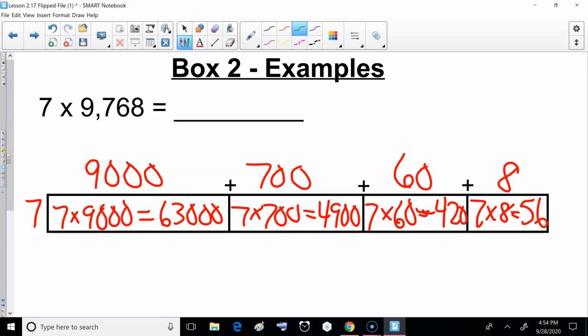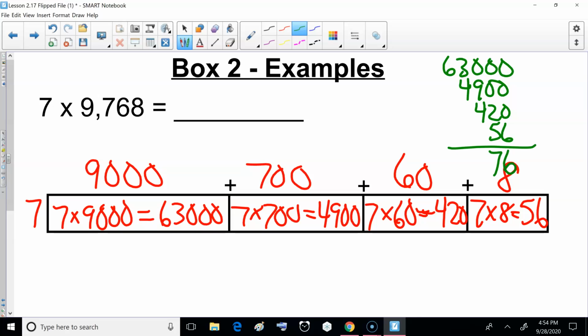I'm taking all those numbers now, and I'm going to add them all up. 63,000, 4,900, 420, and 56. So now we add these up. We're going to get 6 right here. In the tens we get 7. 9 plus 4 is 13, so 3, carry the 1. 1 plus 3 is 4, 4 plus 4 is 8, and bring down the 6.